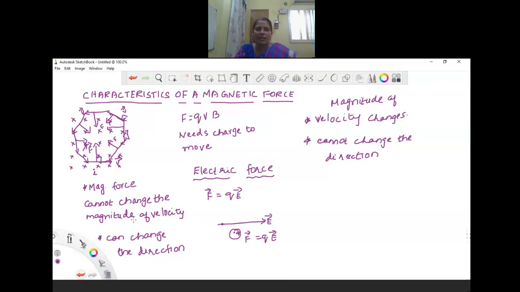And it needs the charges to move, that is, only moving charges experience this magnetic force. Here, with electric force, whenever charges are placed in an electric field, the velocity changes. Either the velocity will increase or decrease. The magnitude of velocity changes, but it cannot change the direction.